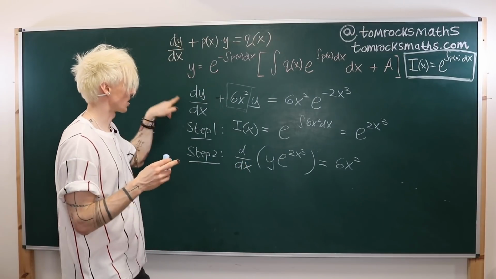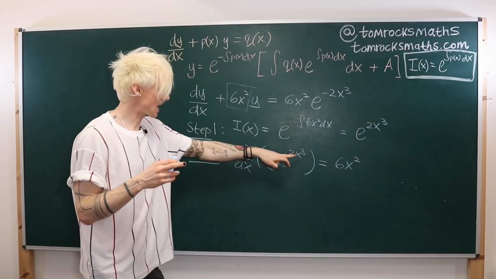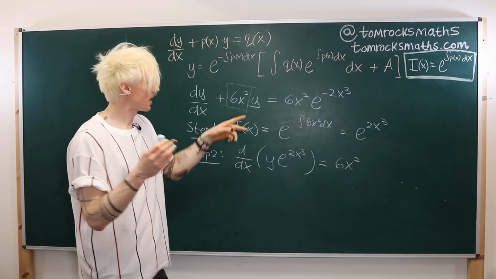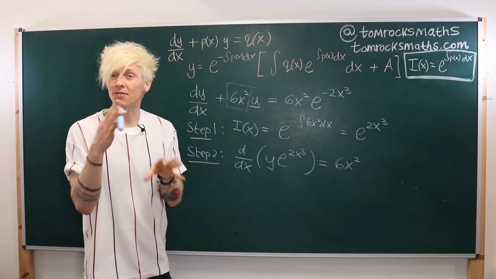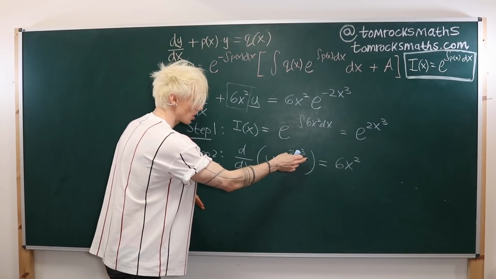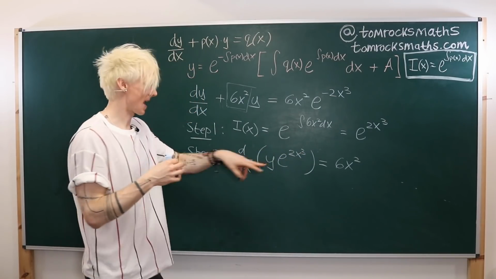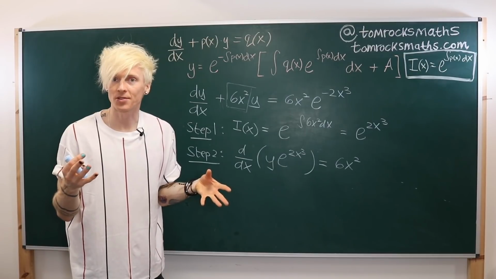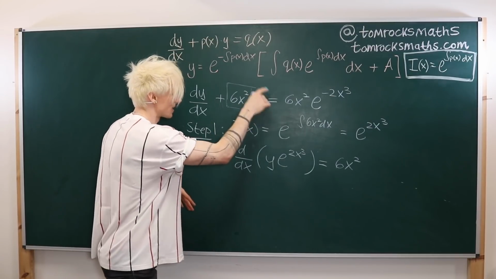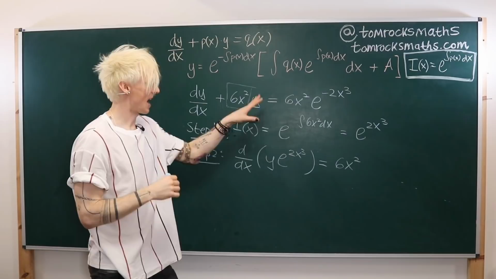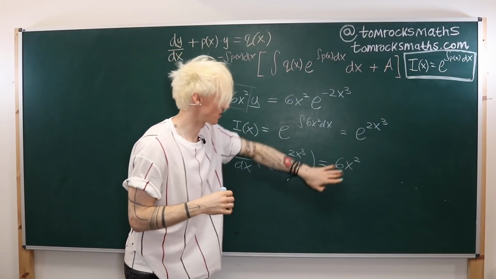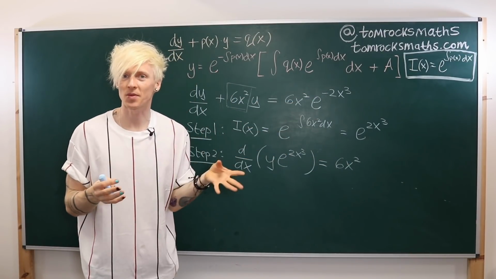So that's going to be that term. And then if I ignore the y, which leaves it there, and then I differentiate e to the 2x cubed, so I'll bring down a 6x squared and then get the same exponential. So we'll get 6x squared times the integrating factor, and then this times the integrating factor gives me 6x squared.